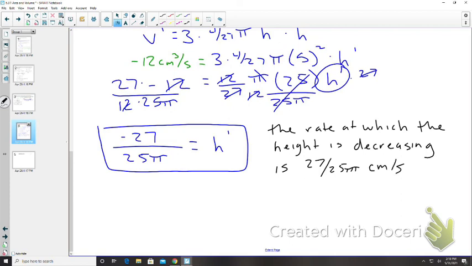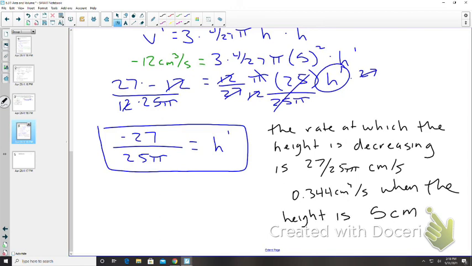Or if you want to calculate that, you get 0.344 centimeters per second when the height is 5 centimeters.